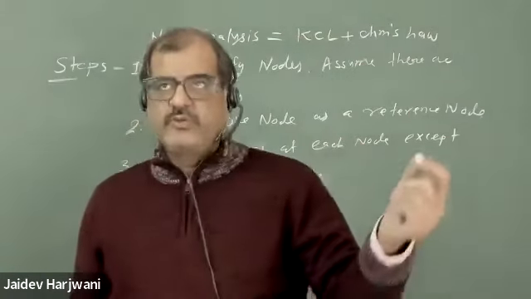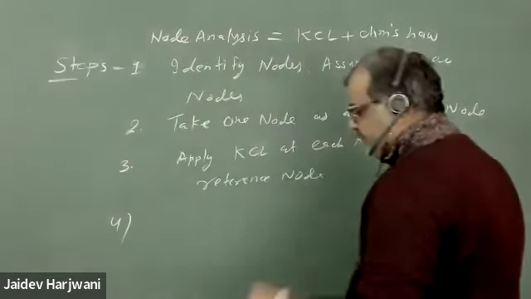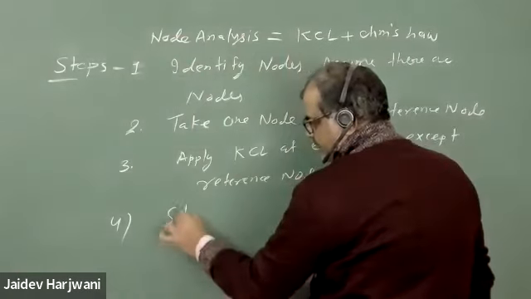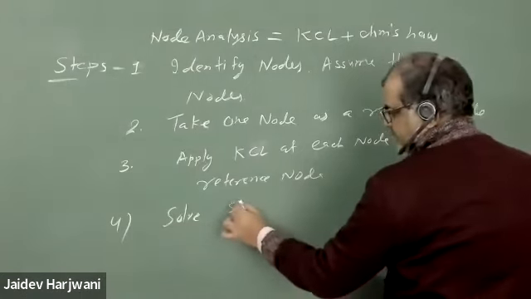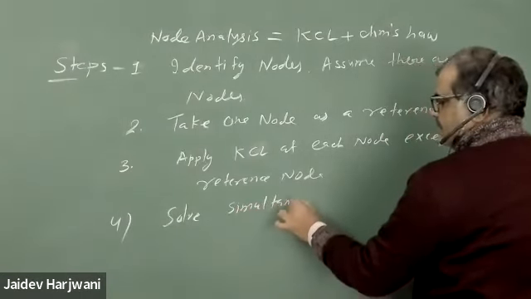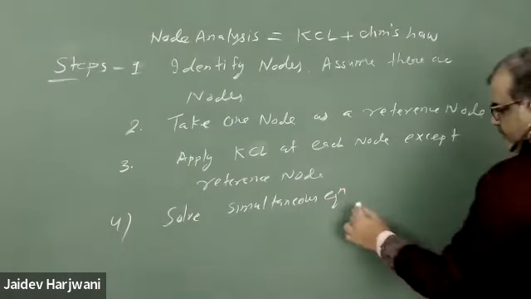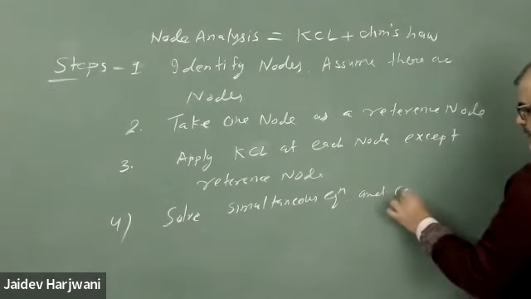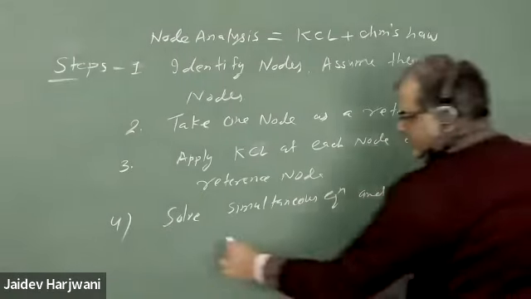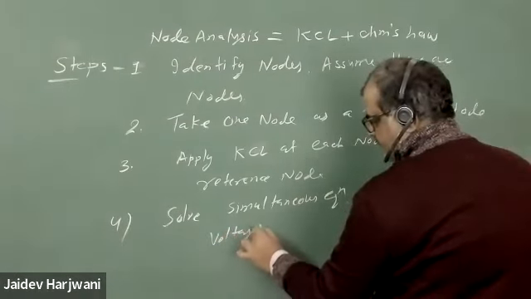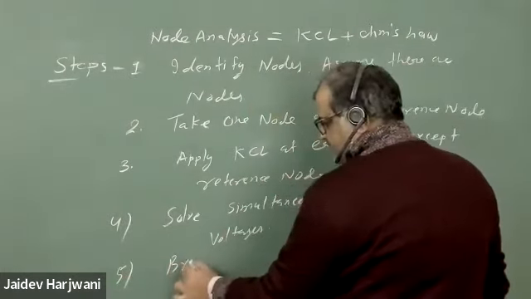So you write the KCL equation for each unknown node and solve the simultaneous equations you get, and calculate node voltages. Once you know the node voltages, you calculate branch currents.